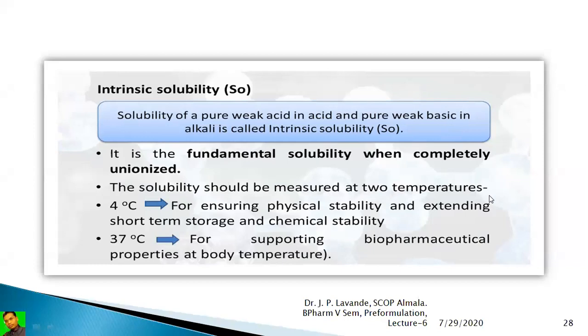Whereas measuring the intrinsic solubility at 37 degrees Celsius is for supporting the biopharmaceutical properties at body temperature, because the drug goes inside the body and shows its effect at this particular temperature.